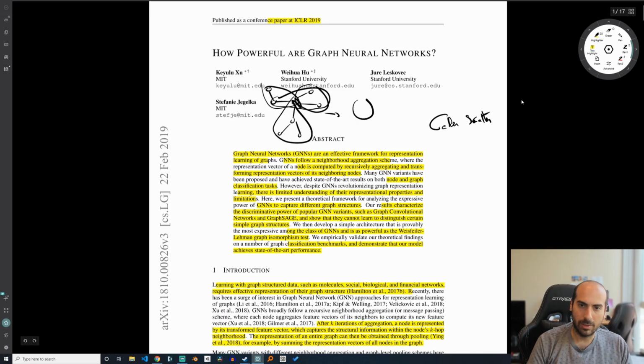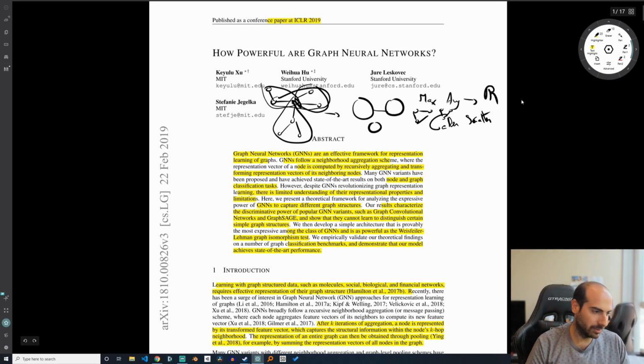Then you end up with these different neighborhoods, and each of them has a certain number associated with it, like an activation. What you then do is pool them. For example, I'm going to take the max of these three things, or the average of these three things, and that lets me output a real number. For a regression or a classification, it could be 0 or 1, or something in a step in general.